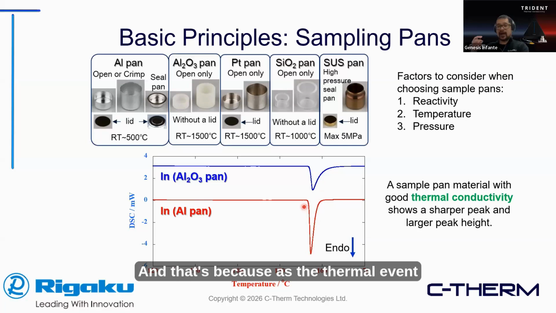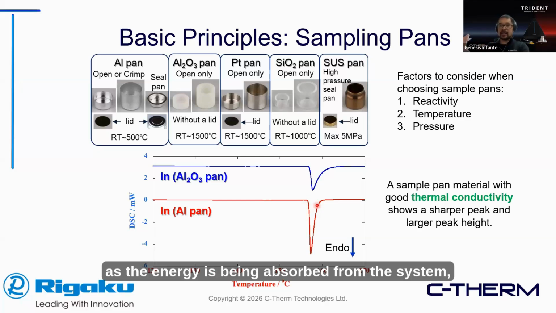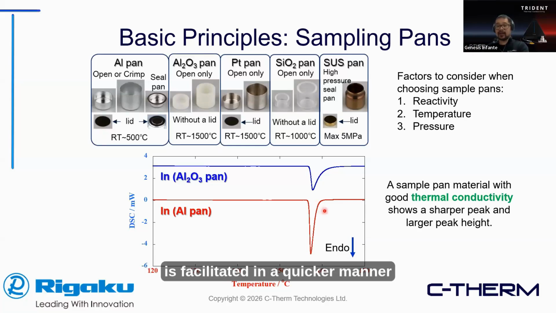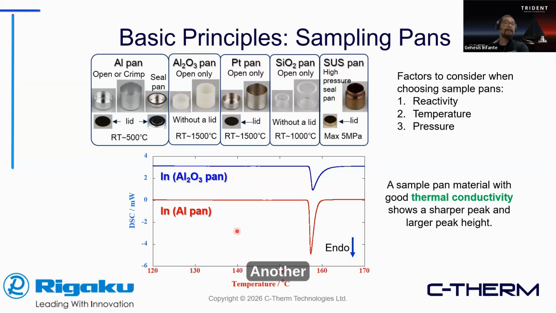That's because as the thermal event occurs, in this case a melt, as the energy is being absorbed from the system, the heat transfer from the system into the sample is facilitated in a quicker manner through a material that will conduct heat better. That's why you have a broader peak right here, where a ceramic tends to have a lower thermal conductivity compared to the aluminum.